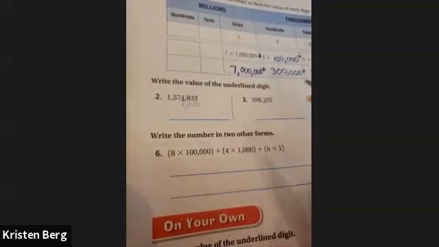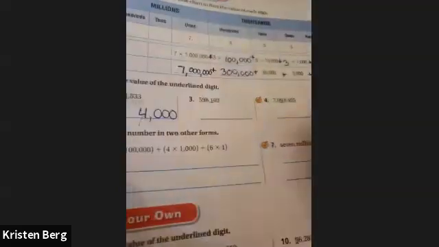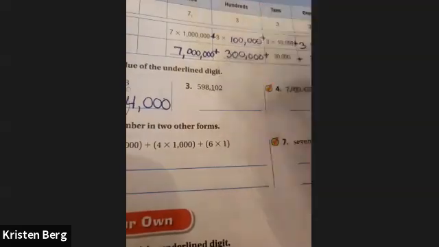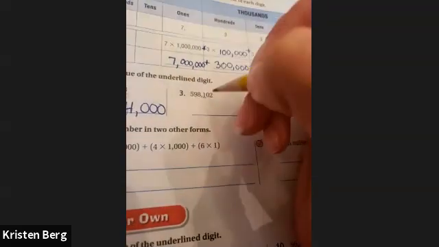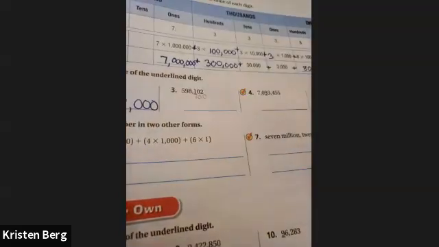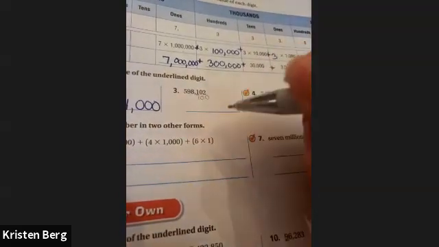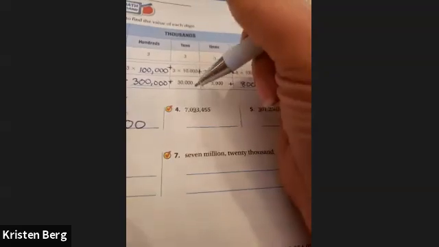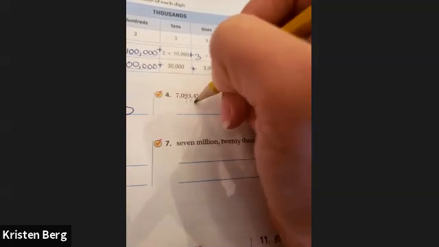What is 4,000 worth? It is worth 4,000. This one is 1, and if you need to see that, a 1 in the hundreds. So what is 100 worth? It is worth 100.